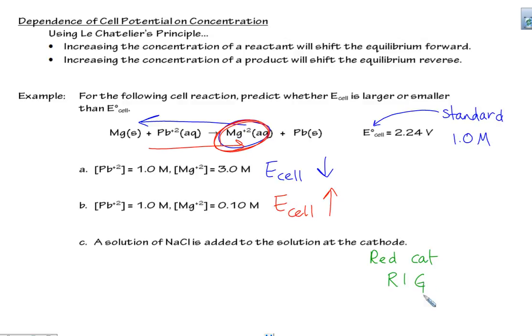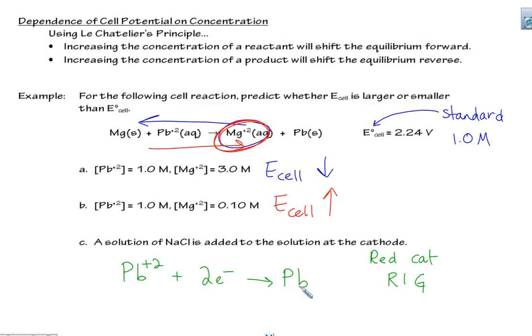So if I think about the two half reactions here, I'm referring to the half reaction that involves gaining the electrons. That should be the lead, right? The lead plus 2 would gain 2 electrons and form the solid lead. So here's the half reaction that I'm referring to.